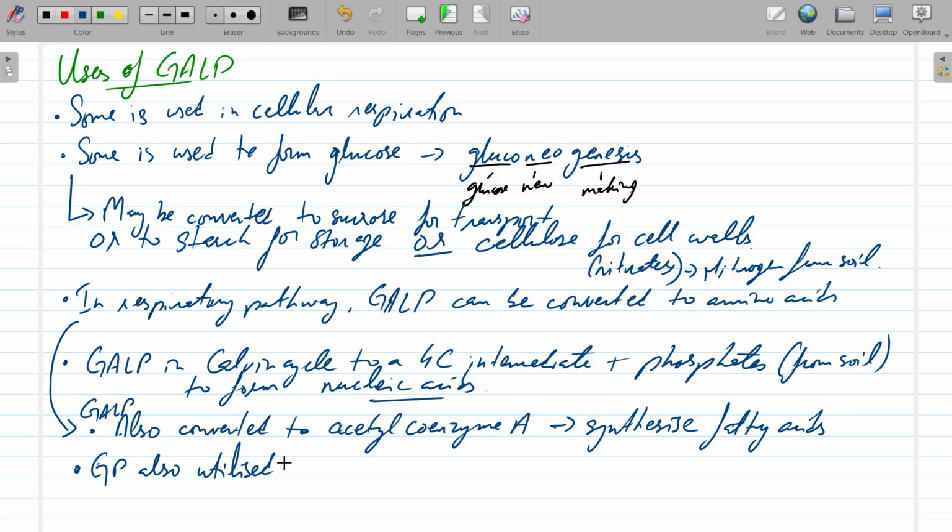But the main player over here is GLP. And we know that glycerol is used in lipids.